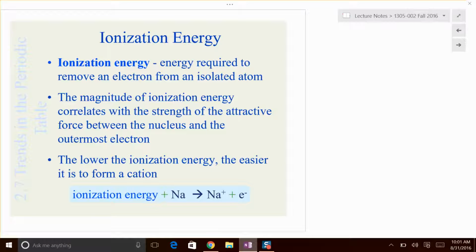So, does lithium or fluorine form cations more easily? Which one? Lithium. So, lithium would have a lower ionization energy, because it can remove electrons more easily than can fluorine. So when we talk about ionization energy, we start with fluorine and we say fluorine has a high ionization energy.